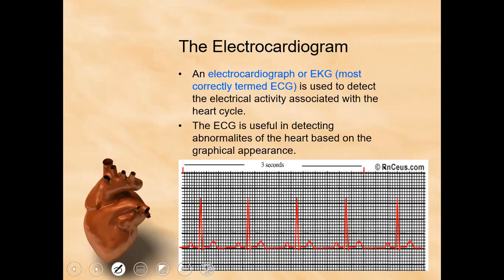So when our sinoatrial node is discharging its electricity, it's collecting at the AV node, it's getting sent down the bundle of His, out the Purkinje fibers. We can measure all of that. Electricity is measurable. So what we get is something that looks like this.